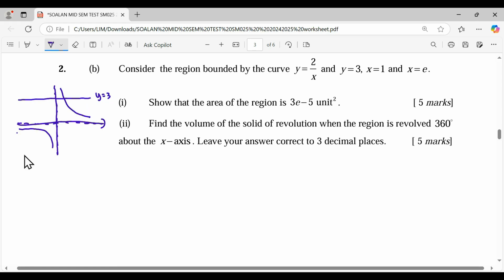And x equals 1, x equals e. So when x equals 1, this is 2 over 1, which is 2. So it will be here. x equals 1 and x equals e.